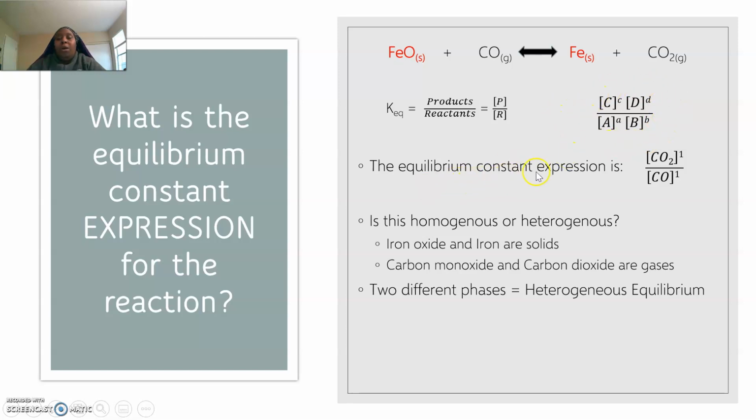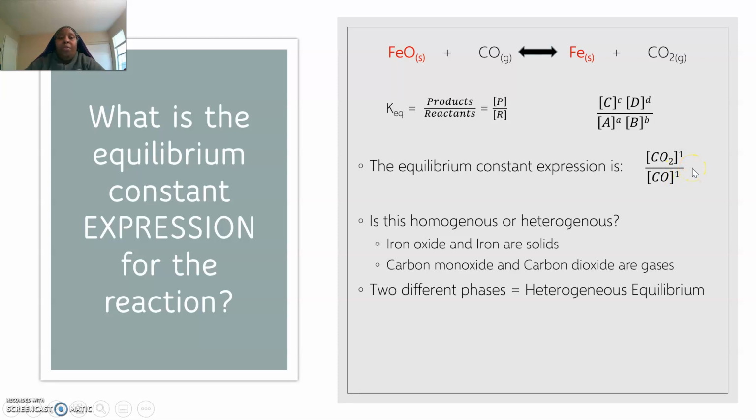So the equilibrium constant for this expression is going to be the concentration of your products. Our only product that matters in our equilibrium expression is CO2, over the concentration of our only reactant that's going to affect the equilibrium. If you notice, the coefficients are both 1, so guess what? It'll be raised to the 1.